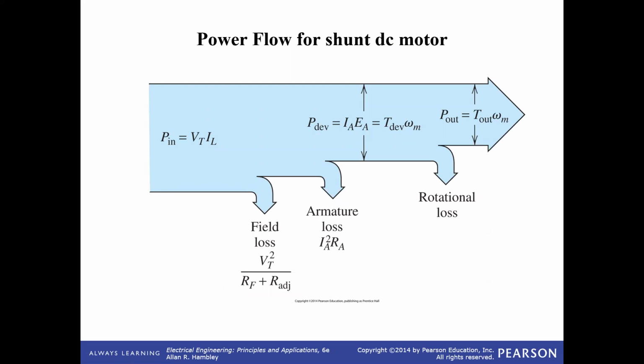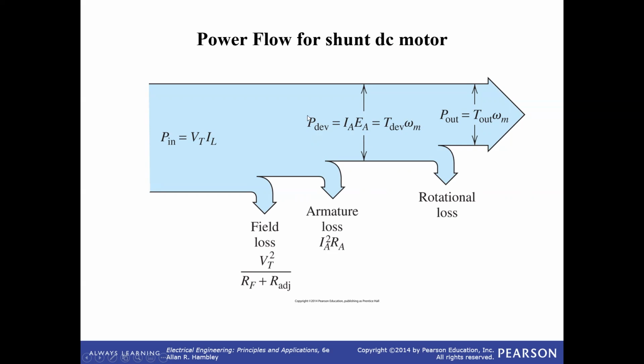And this is the power flow for the shunt DC motor. This is the power input, which you can calculate by using VT multiplied with the I line or I source. We have some losses, which are losses at the field circuit, and then losses at the armature circuit.